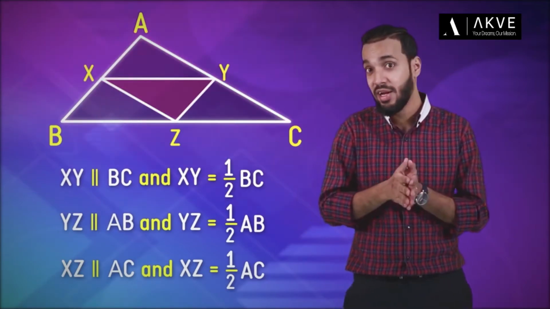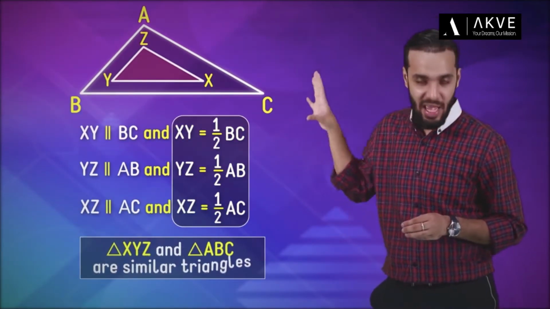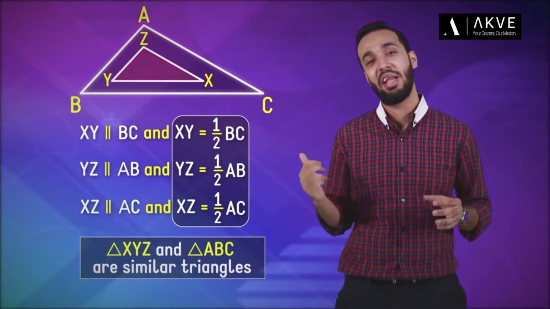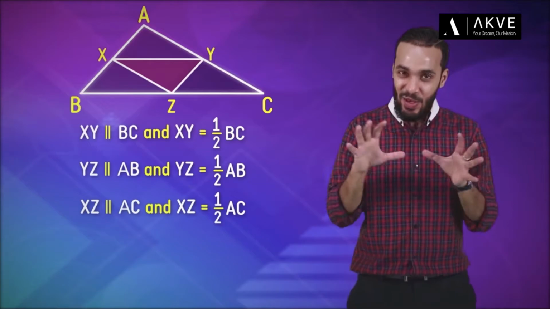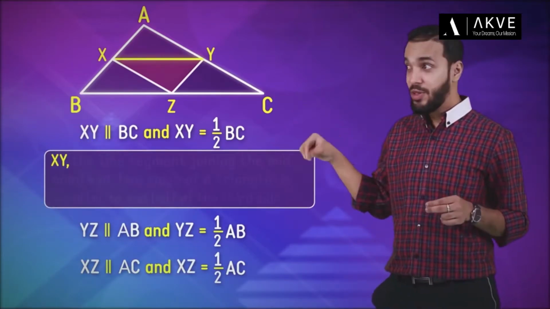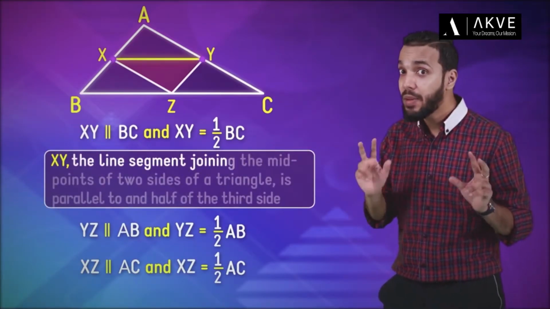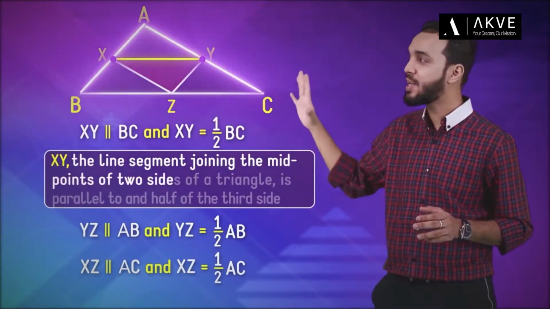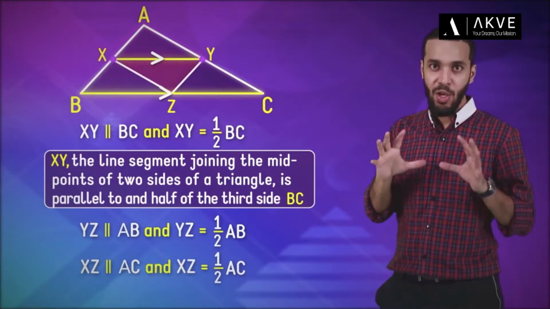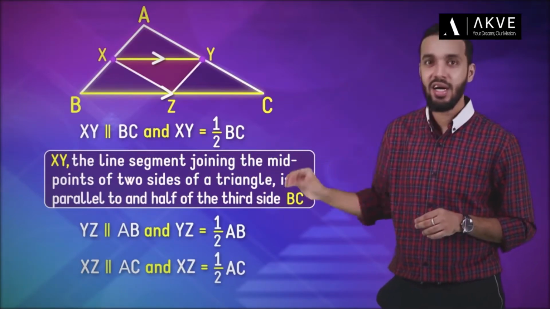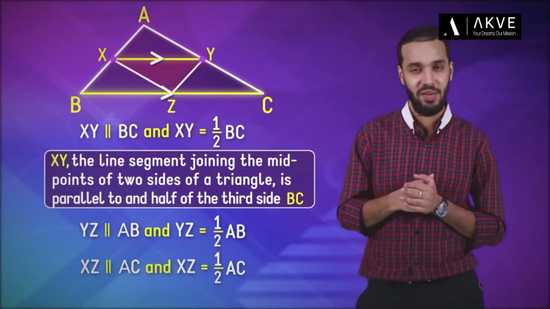This makes it evident that XYZ and ABC are indeed similar triangles. Quite special, isn't it? So basically, XY, which is the line segment joining the midpoints of these two sides of triangle ABC, is parallel to and half of BC, which, if you see, is the third side of triangle ABC.